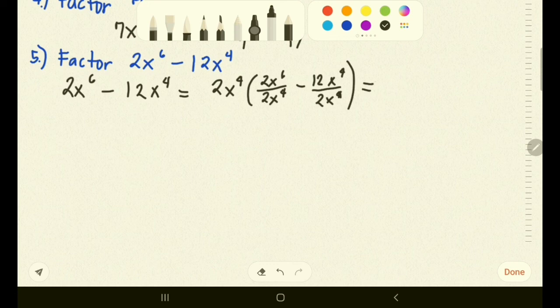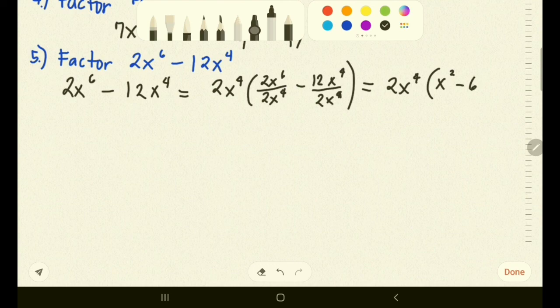And then you have here 2x to the power of 4 times 2x to the power of 6 divided by 2x to the power of 4. That means to say 1x or 1, or just x. Then subtract the exponent, 6 minus 4, that is 2. Minus 12 divided by 2, that is 6.